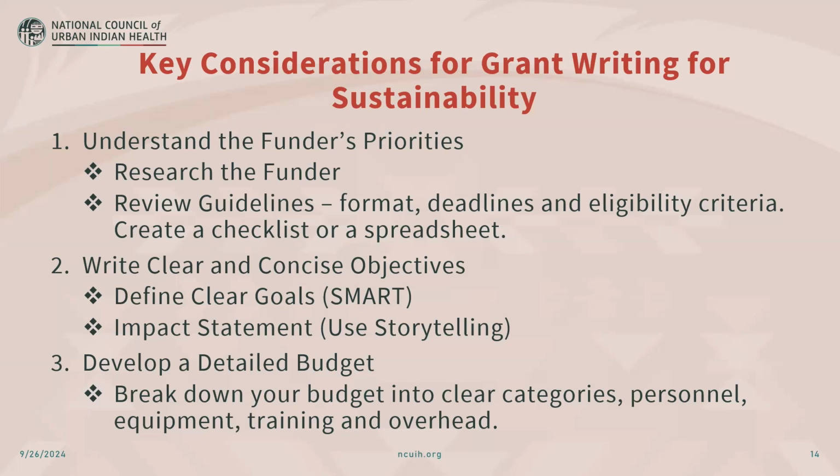Second, write clear and concise objectives for your project by using SMART goals and using an impact statement that incorporates storytelling to emphasize the value of your project. And finally, develop a detailed budget that breaks down costs into specific categories such as personnel, equipment, training, and overhead to present a clear financial plan.